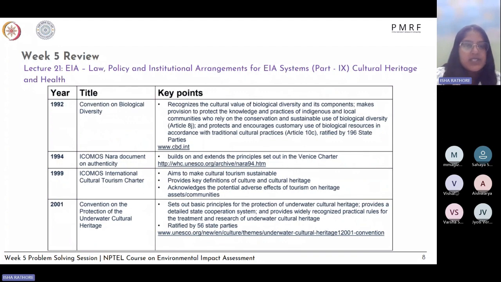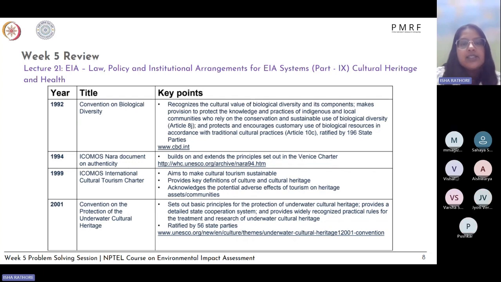Moving on, 1992, we have discussed the Convention on Biological Diversity in the module where we looked at biodiversity. 1994 was the ICOMOS NARA document on authenticity. This builds and extends the principles which are set out in the Venice Charter. 1999 was the ICOMOS International Cultural Tourism Charter, which aims at making tourism more sustainable and having practices such that potential adverse effects of tourism on heritage assets and communities are acknowledged and measures are identified for mitigating them.